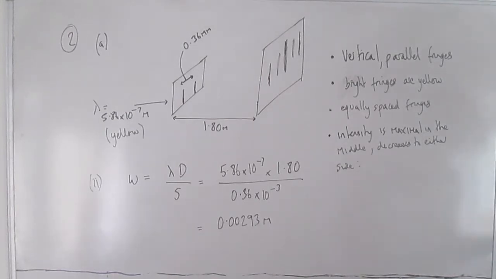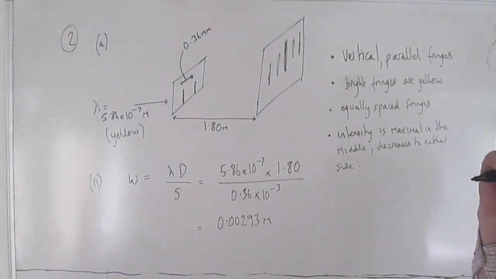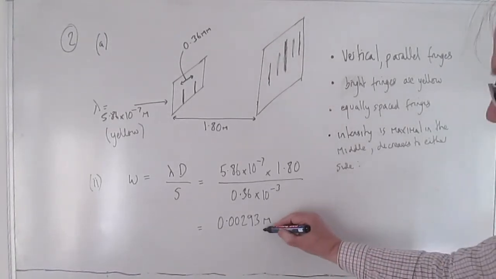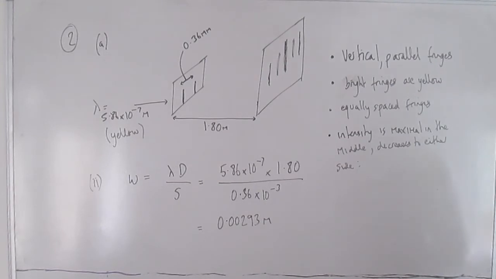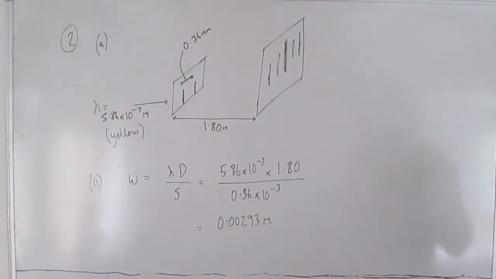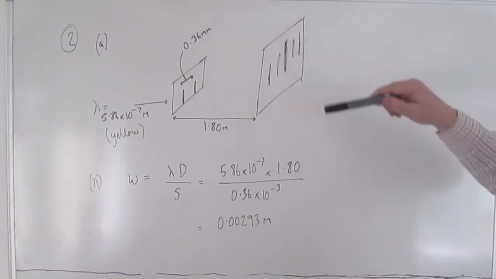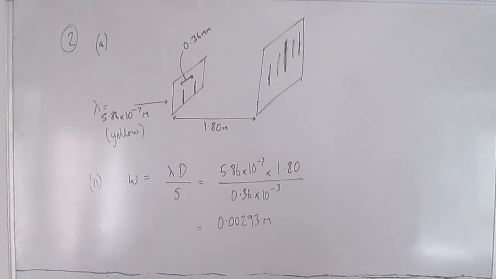Which is fine, and you could write that in millimeters if you wanted to, but you don't need to because it doesn't specify the units. But make sure you put a unit on there, not just a number. It also then wants to know the angle between the middle of the central fringe and the middle of the next but one, the second fringe from there.